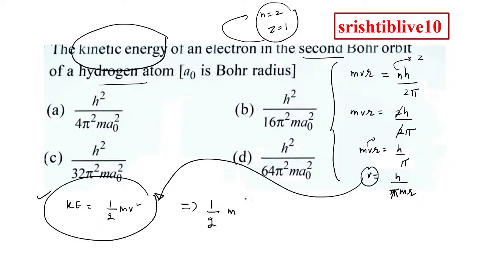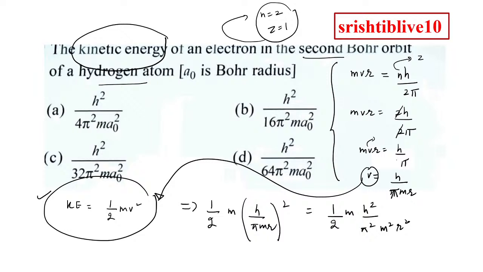So h by pi mr whole square, it's going to be half mass h square by pi square mass square r square. This much is clear to all of you. Any doubts in this step? How we got to this step is clear to all of you.